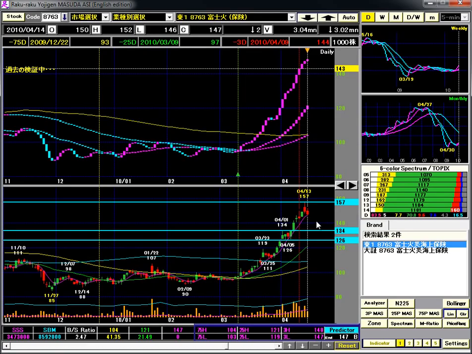Just recapping with this stock, coincidentally it's on the green line here that the buy signal was indicated by the buy sell navigator. So if you'd bought at this point and held on, the Masuda Ashi 3-day real body line was in a strong uptrend.